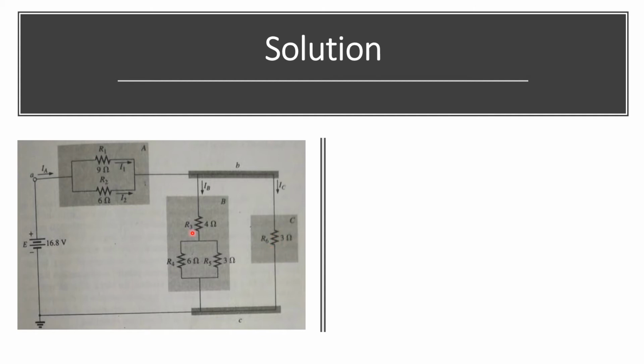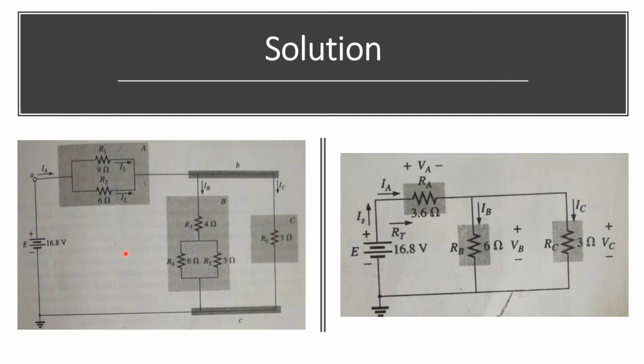So when we solve it and get the equivalent circuit, RA is basically the parallel combination of R1 and R2, RB is basically the parallel combination of R4 and R5 in series with R3, and RC is basically equal to R6. Now we have to find the values of RA, RB and RC.